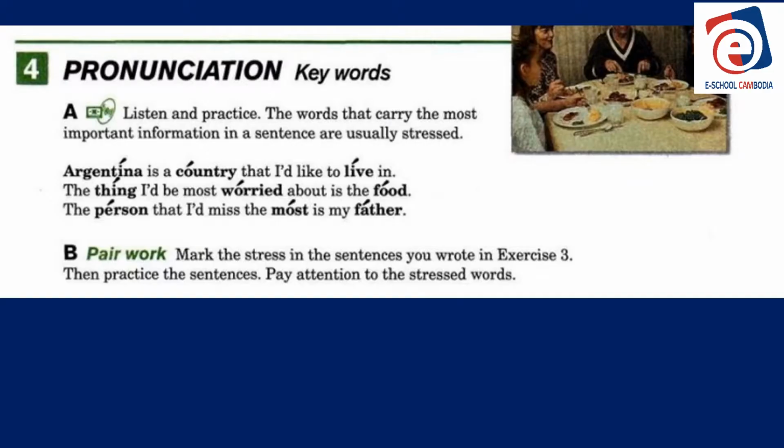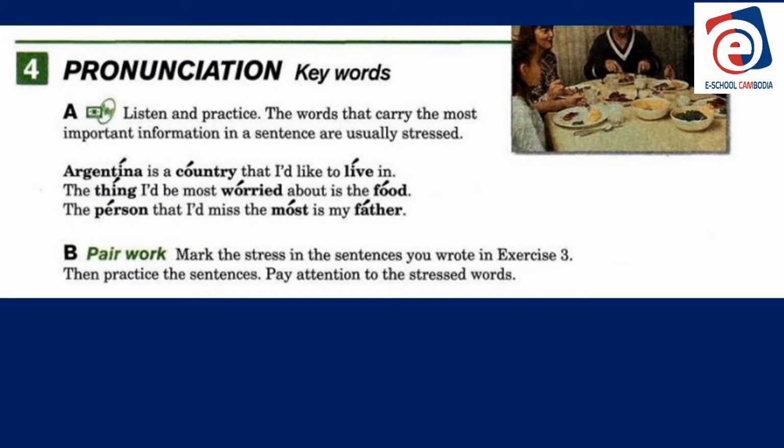Okay? Listen and practice. These words, the words that carry the most important information in a sentence, are usually stressed. Remember, in the first lesson, I talked about the rhythm of the English language.